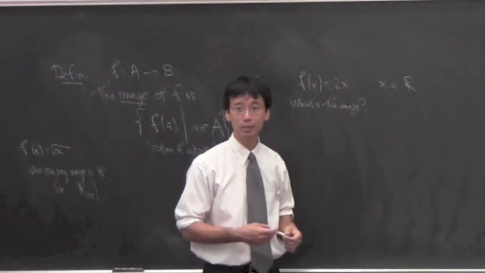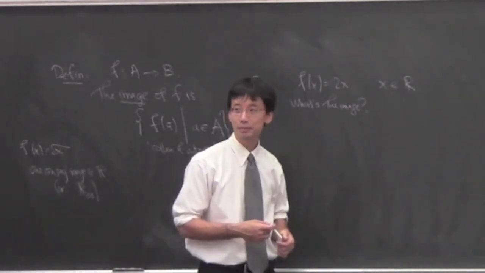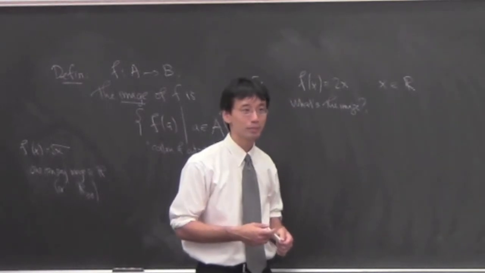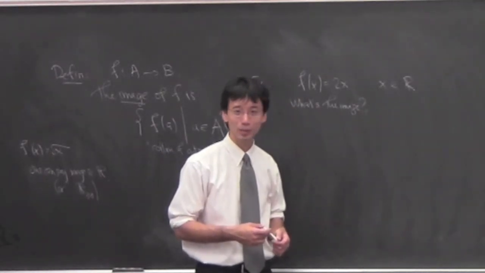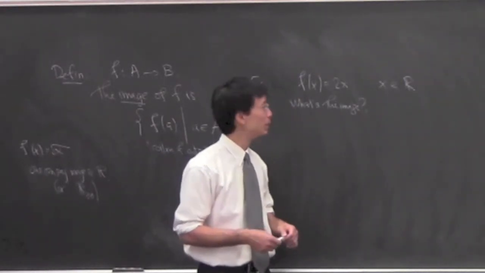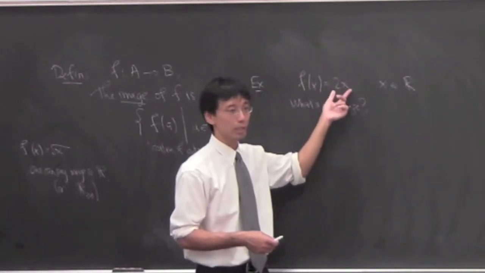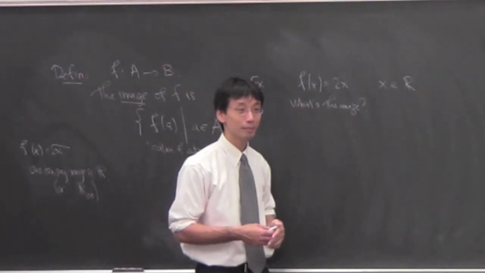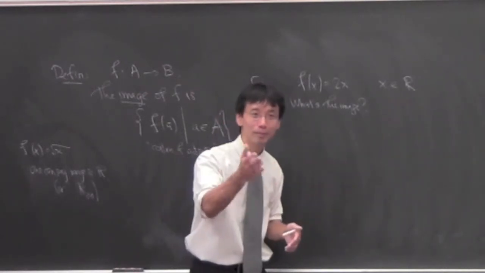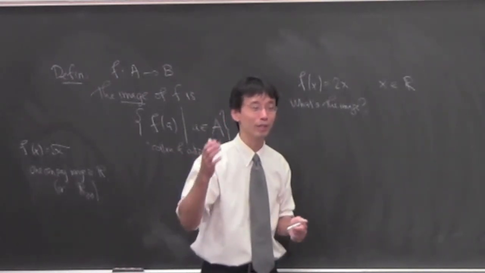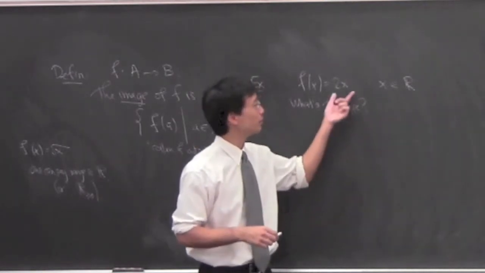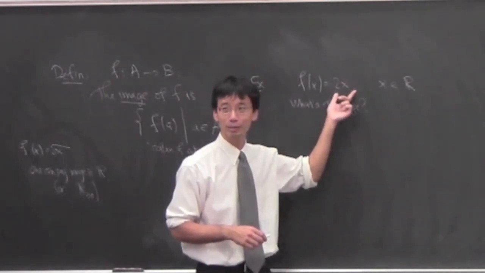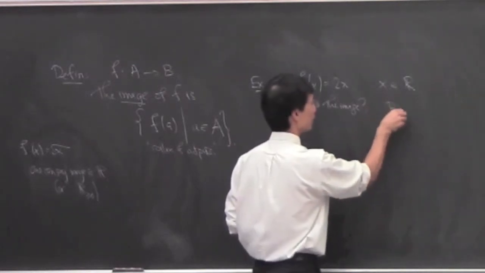What's the image? What kind of things do you get out of this? All real numbers, right? You can get anything out of this. The image is all of R.